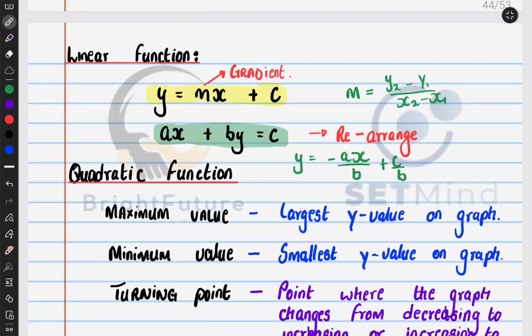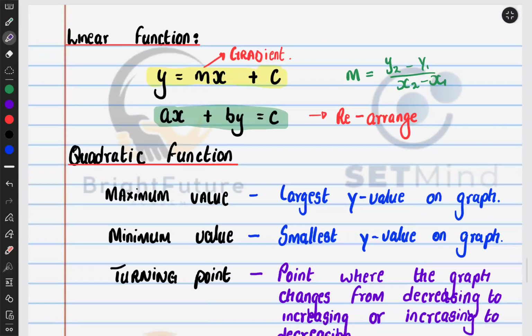So that negative a over p will be your gradient. Let me rewrite this one as negative a over p x. Yeah, so that negative a over p will be your gradient for this case, after you've rearranged this formula or this equation.